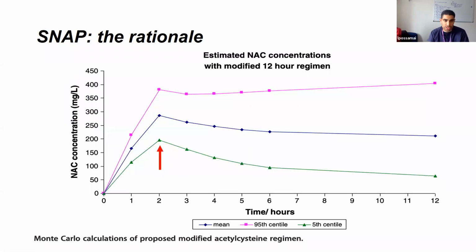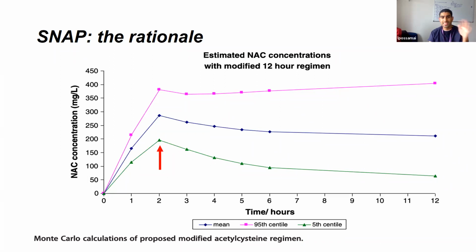They then took their regime or their proposal and plugged it into something called a Monte Carlo simulation, which is this diagram here, to try and generate some expected plasma concentrations using it. And what they found was that there was over a 99% probability that after the 2-hour loading infusion, the serum NAC concentration would be between 150 but critically less than that vital 650 milligram per litre mark.